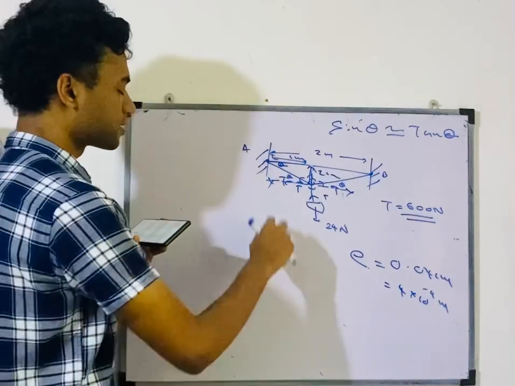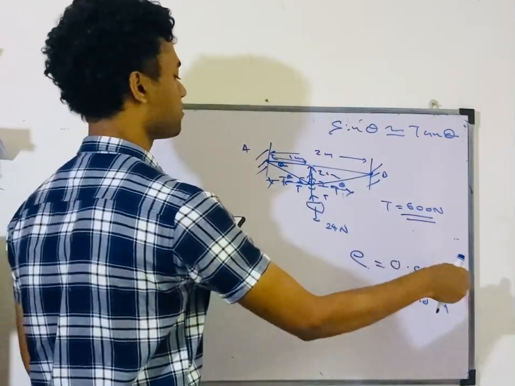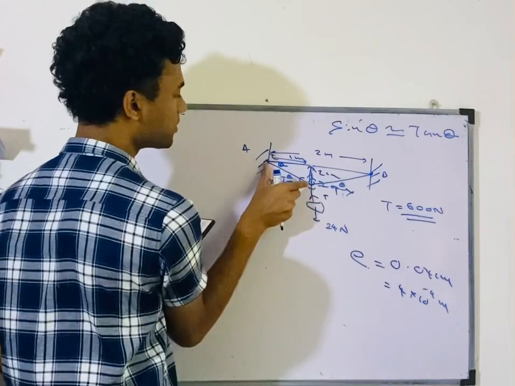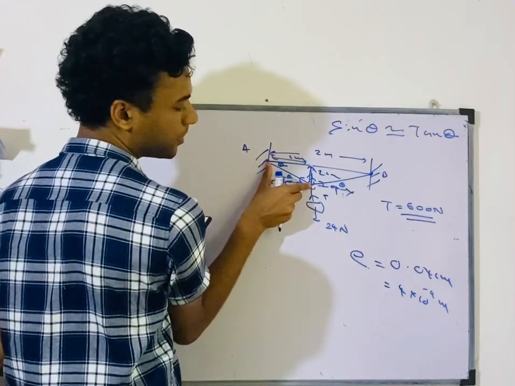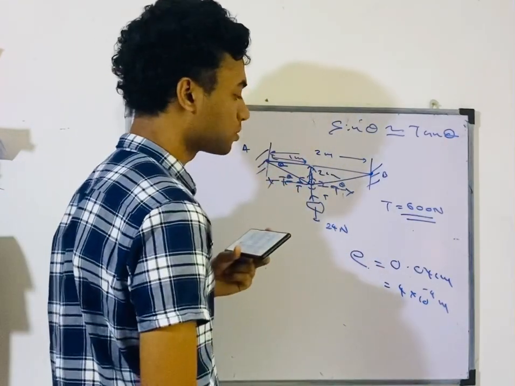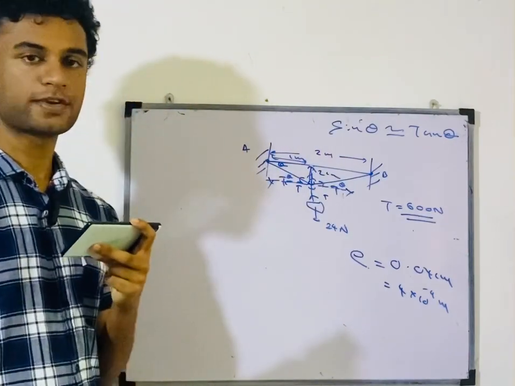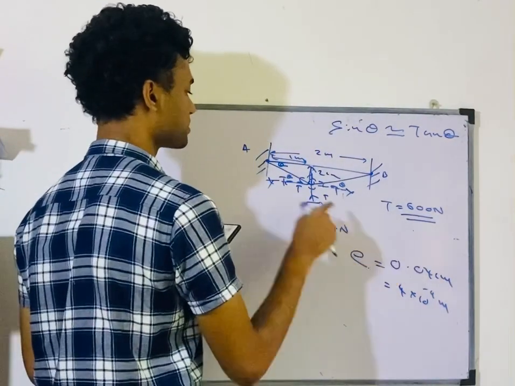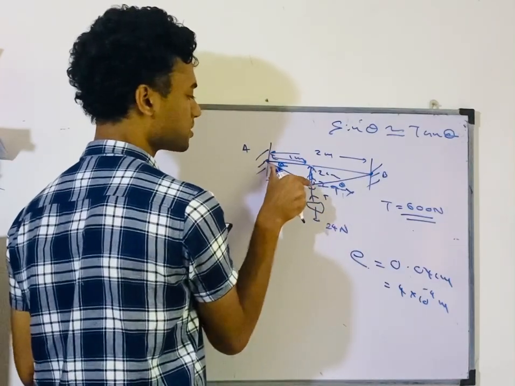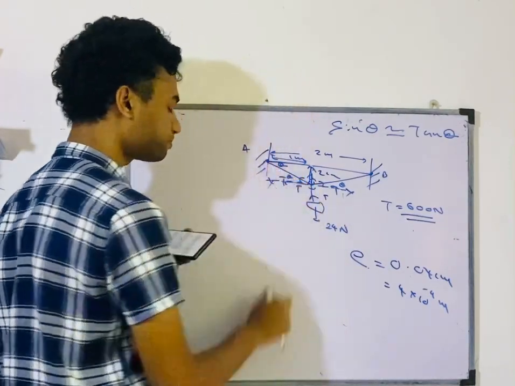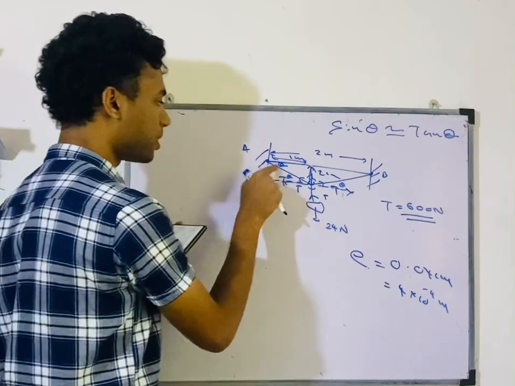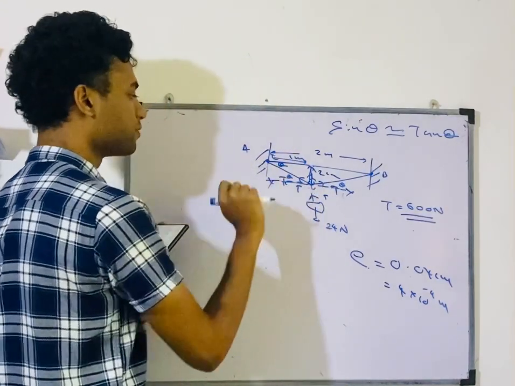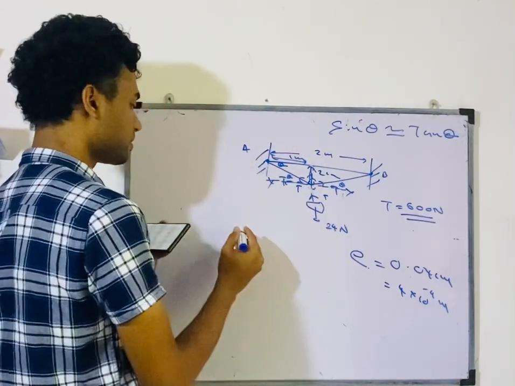If the extension of the total wire is 4 times 10 to the power minus 4 meters, then the extension of this part of the wire is half of it, so 2 times 10 to the power minus 4 meters is the extension of this half of the wire. The tension that this half of the wire experiences is 600 newtons.